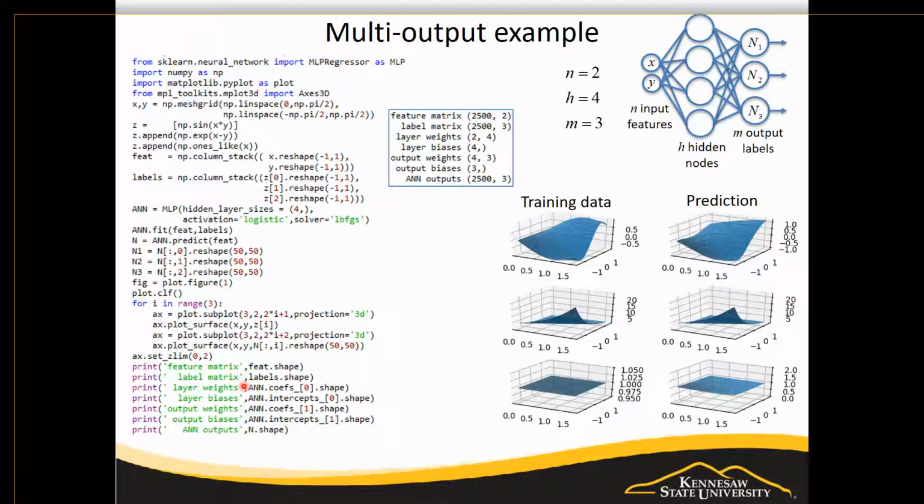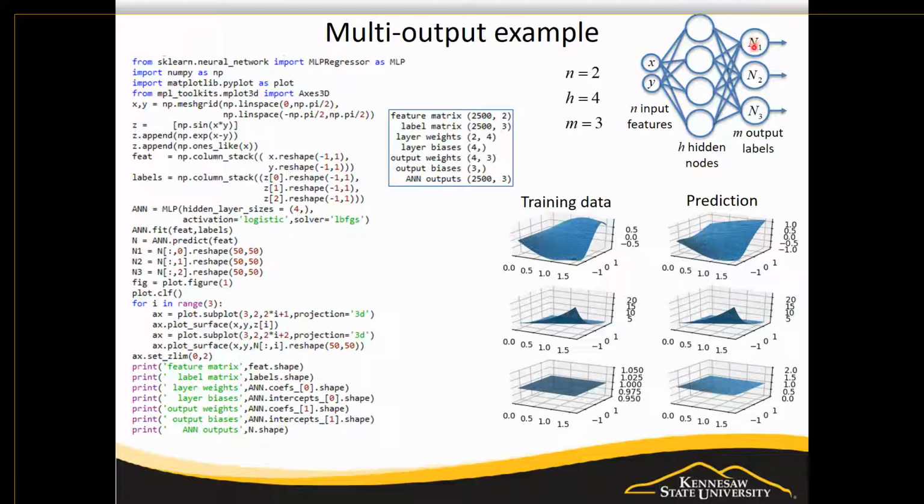Okay? And so you can see here that in the layer weights, there are 2 inputs and there are 4 hidden nodes. So there's a total of 8 weights, for each one of these nodes in each of the X and the Y. And then there are 4 biases in the hidden layer, because there's 4 nodes. Okay?